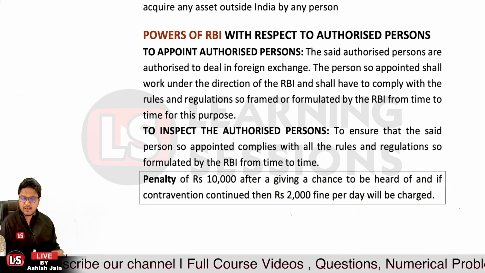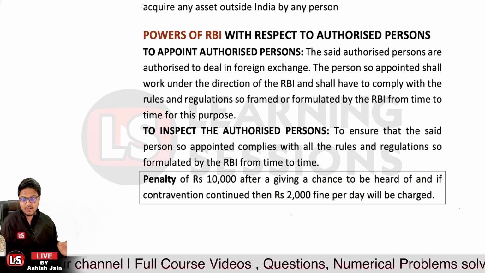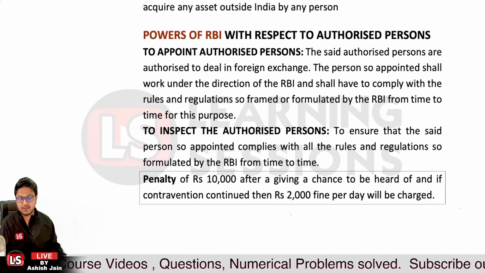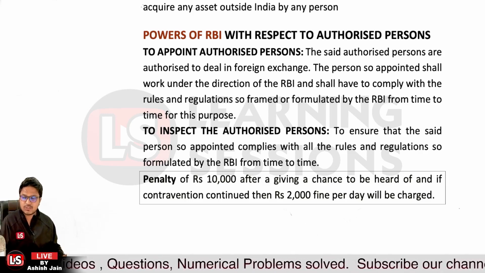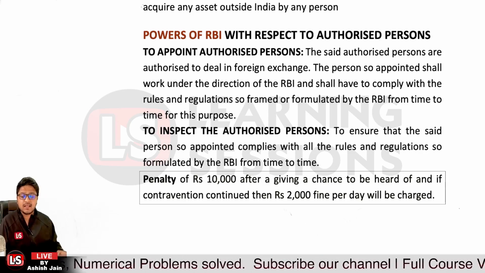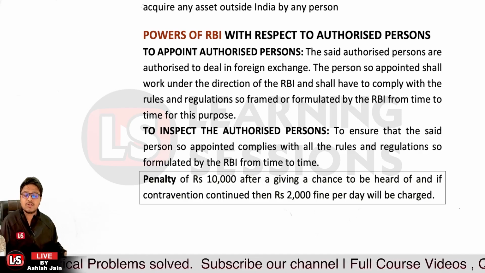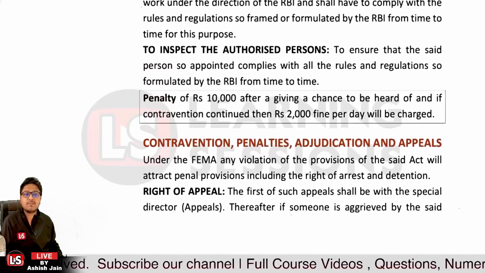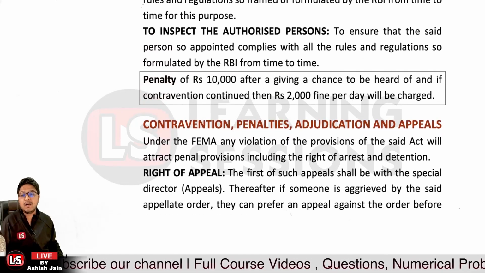And if the contravention continues, that is, if they keep making the same error even after the penalty was imposed after hearing them, then there will be an extra penalty of rupees 2,000 fine per day imposed upon them. Okay, then it's related to contravention, penalties, adjudication and appeals.